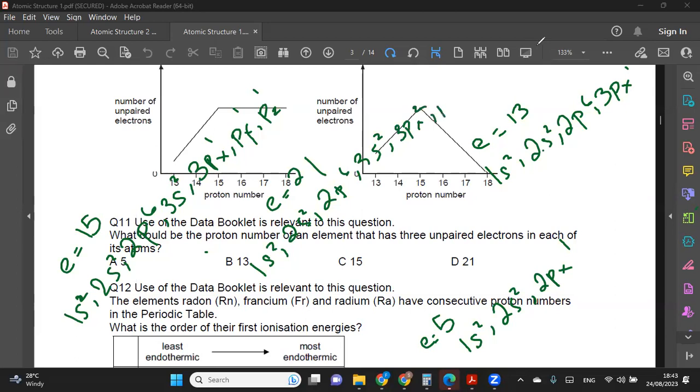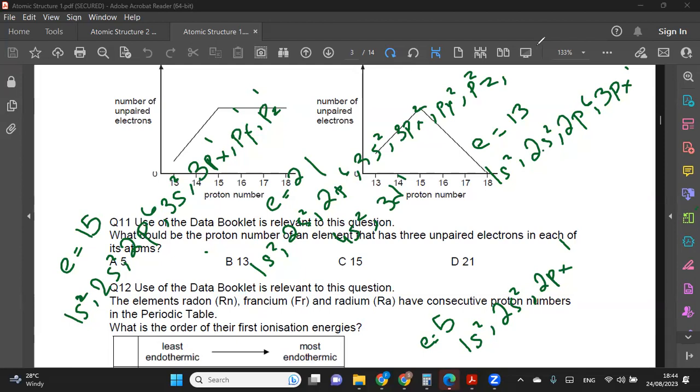Px is 2, Py is 2, Pz is 2, and then that's 18, right? We need to get to 21. After that, what do we write down after? Yeah, 4s2, correct. And then 3d1, correct.